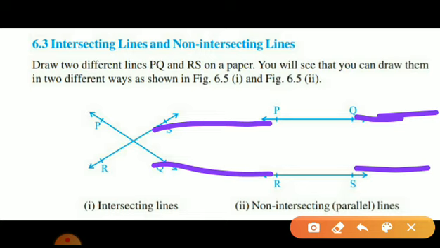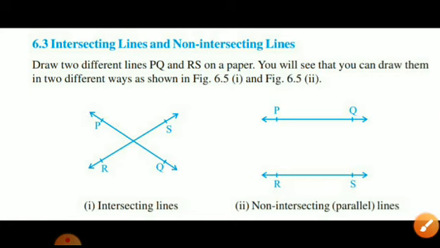The definition of parallel lines is: if the lines are not intersecting, they are called parallel lines. Hope this concept is clear to you. This is whatever you have studied in your previous classes. Hope these concepts are clear. Further we'll be seeing in the next video. Thank you.